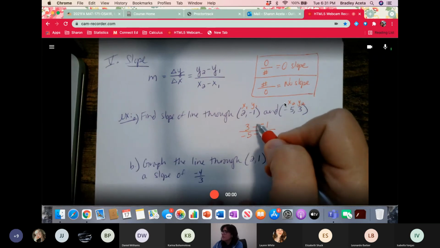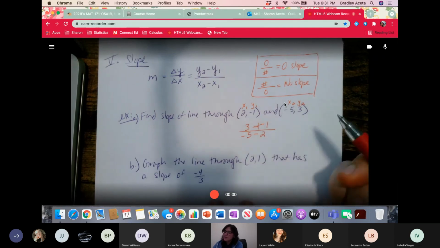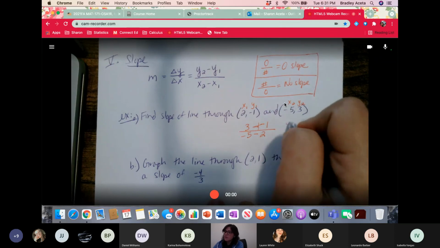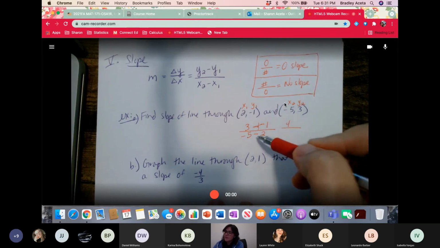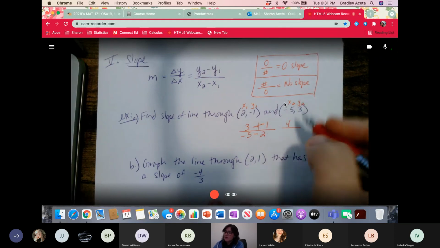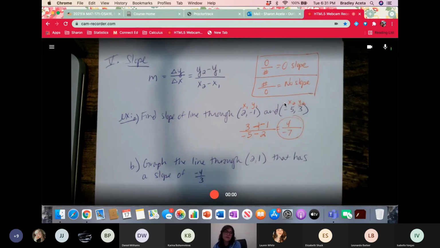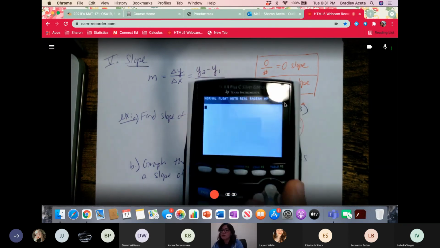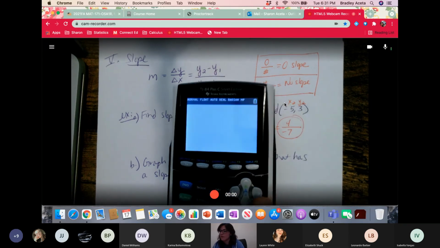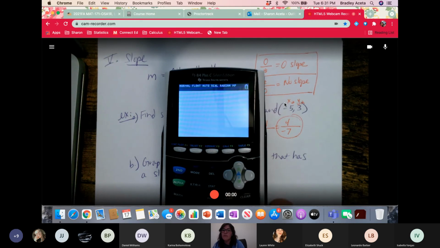So 3 minus negative 1 becomes 3 plus 1, which is 4. And then negative 5 minus 2 is negative 7. And again, I've shown you how to put this as a fraction in your calculator. If you just want me to show you the trick again, hit alpha and then window, I believe it is.